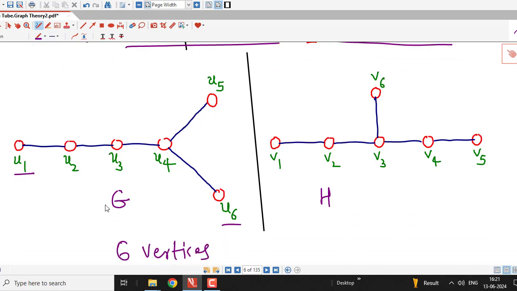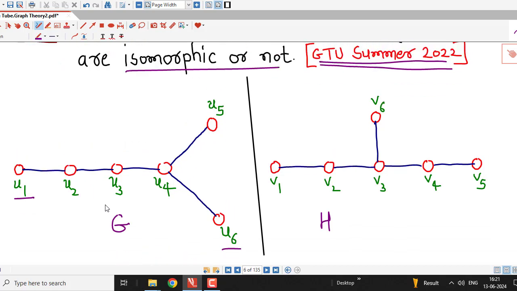Now our criteria is, first we determine the number of vertices and number of edges in both the graphs, and we check whether they are equal or not. You can see from these two graphs, here we have vertices starting from u1 and ending up to u6, and same thing here, they are denoted by v1, v2, v3 up to v6.